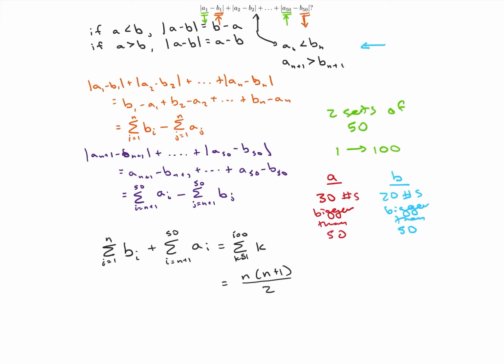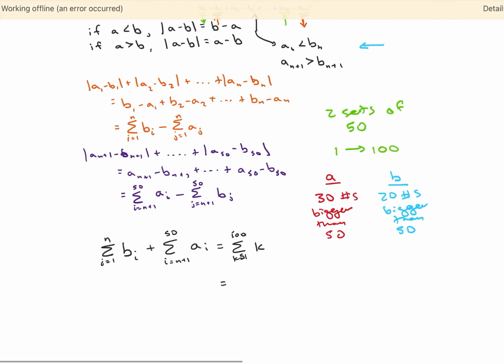And then I can subtract potentially the smaller set. So this is going to be the sum of 51 to 100. But instead of taking the first 100, which you've probably seen this equation in the past, let's think about it in terms of here.